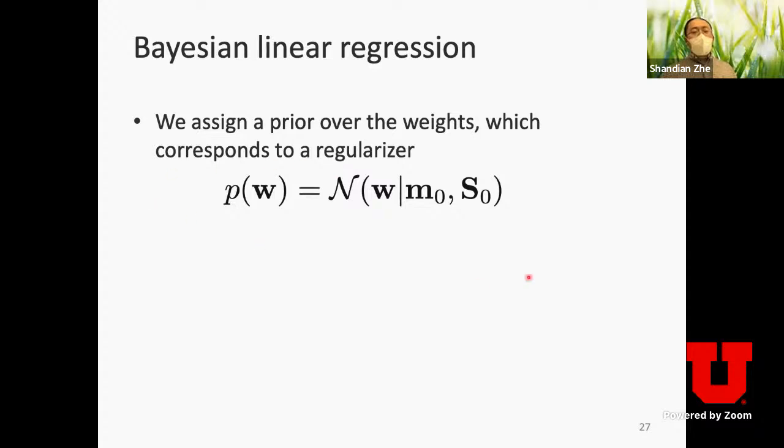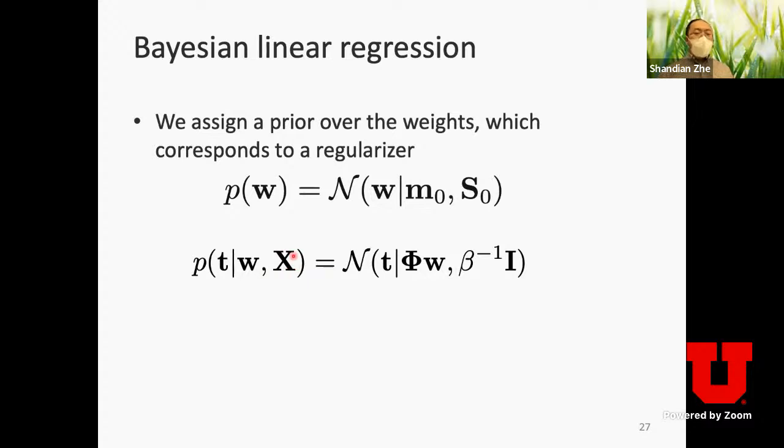For example, if we use a Gaussian prior over the weights, with some prior mean and prior covariance, then given the weights and the input features, we generate the output from this linear model. So you can see it's a Gaussian model, where the mean is defined as the design matrix phi times the weight vector W.